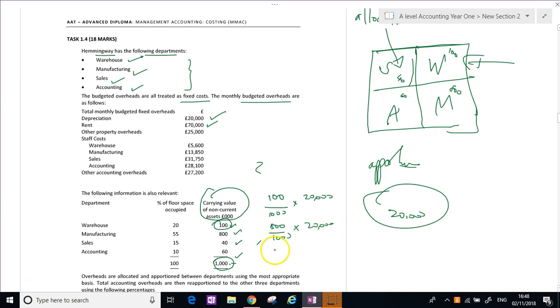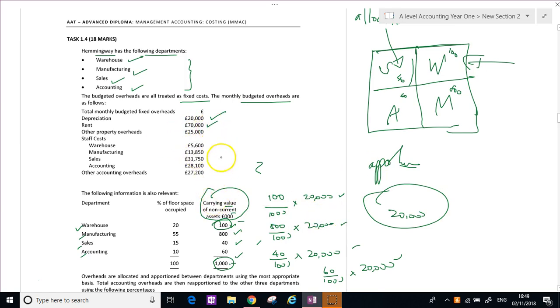For my sales, I will say 40 over a million times 20,000. And for my accounting, I will say 60 over a million times 20,000. I've literally broken up the 20,000, or apportioned, if you like, the 20,000 between the 4 areas according to the carrying value of the non-current assets. That's what we've done. That's the first one.